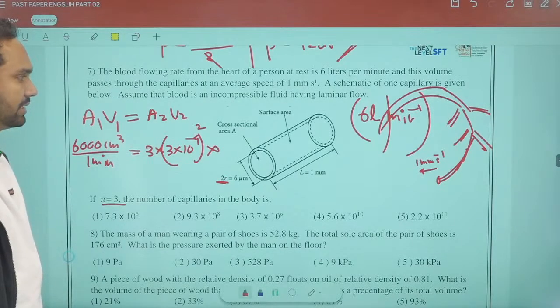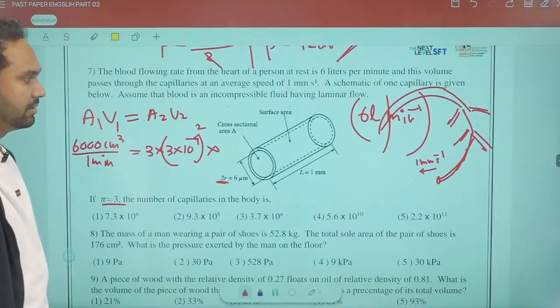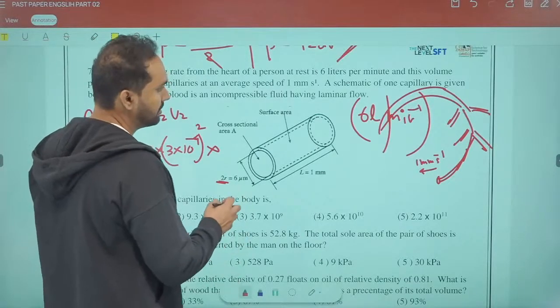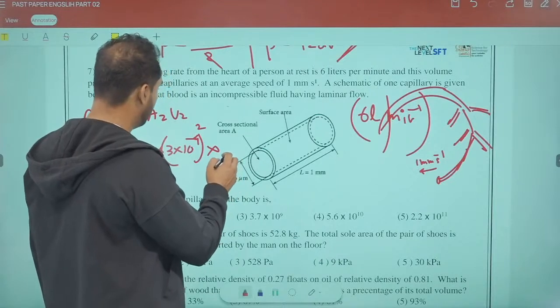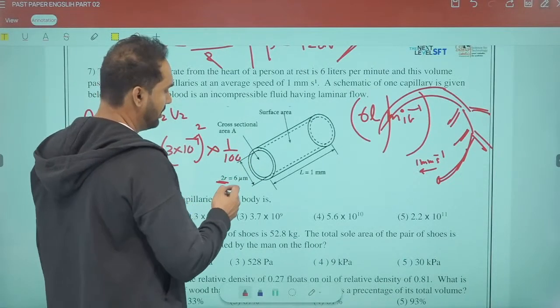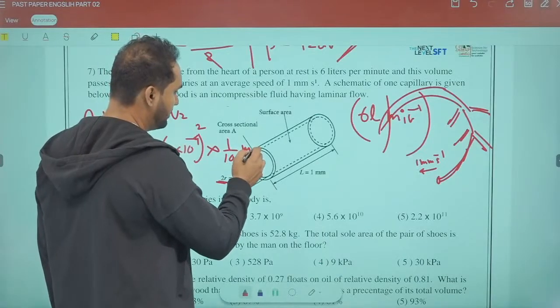We have to convert it into centimeters again. Millimeters converted into centimeters, of course, you divide by 10, so that will be 1 over 10 centimeter per second.